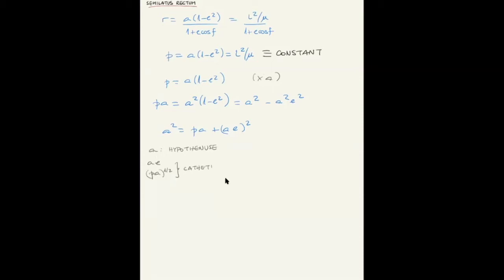So we know that ae is the eccentric distance. If you draw the orbit, that's the distance from the center of the orbit to the sun, to one of the foci. So this is the triangle. This is the hypotenuse, that's the semi-major axis. One of the catheti is ae, so the other cathetus is the square root of pa, and has to be this side.